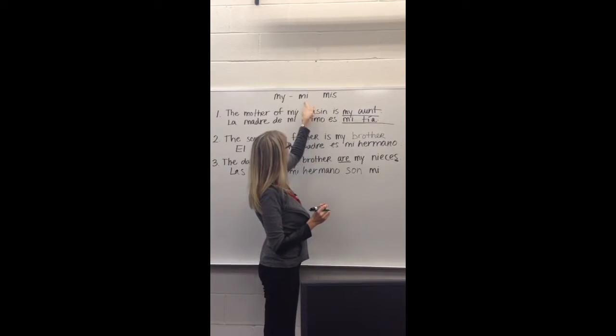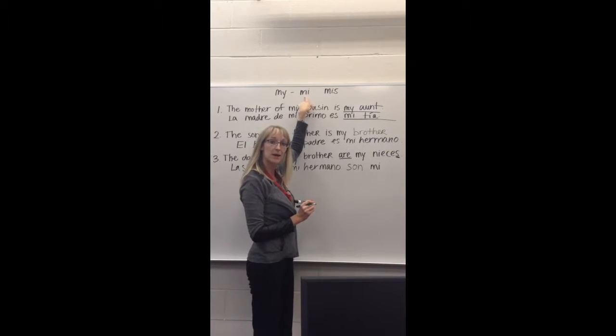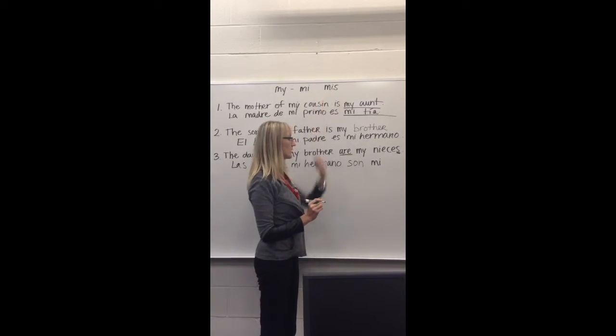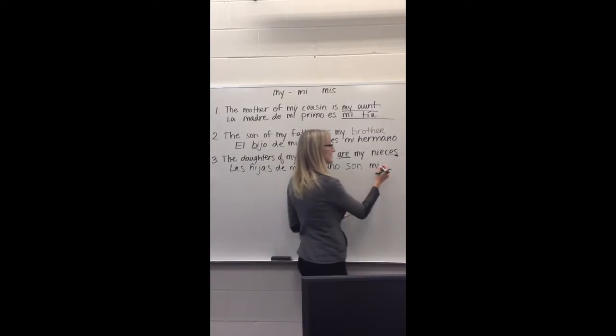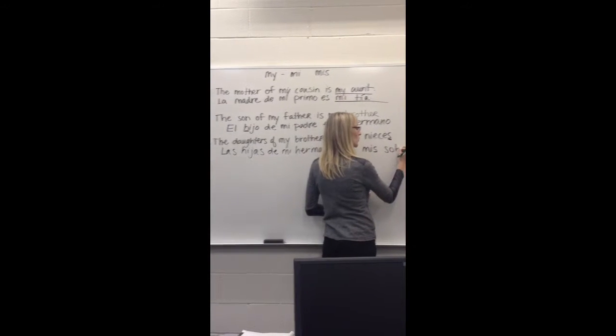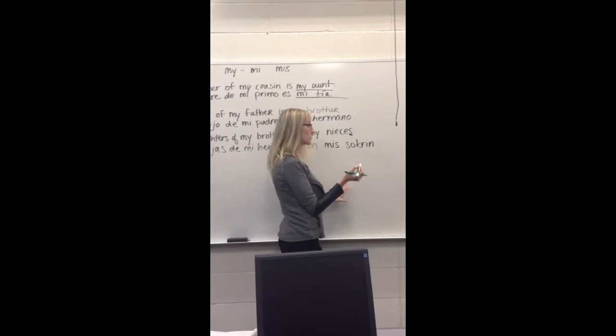Go back to our definition at the top. There's two different ways to say my: mi for something singular, or mis for something plural. So you would say son, mis, sobri, and if it's girls, you can't put sobrinos, you have to put sobrinas.